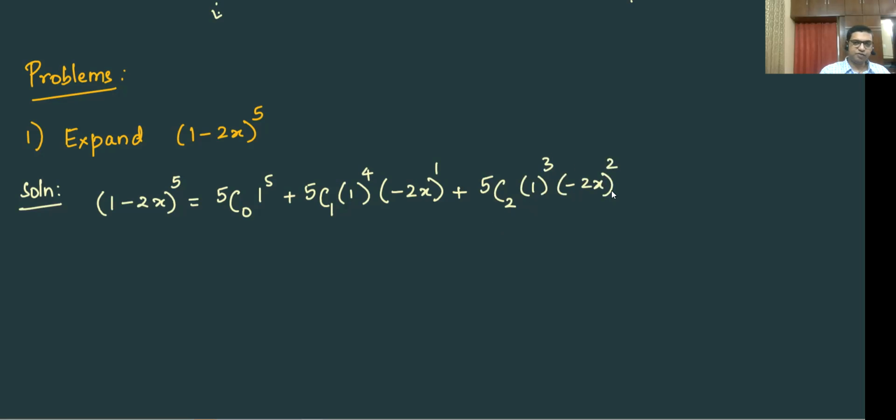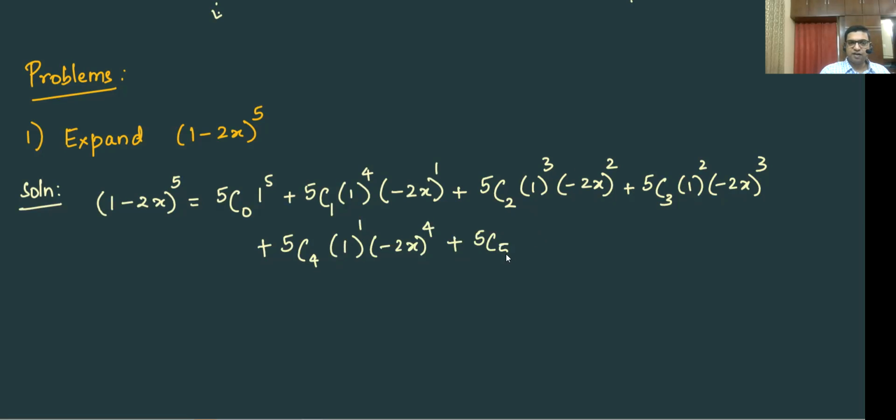The sum of the powers should equal the index 5. Plus 5C3 into 1 to the power 5 minus 3 is 2, (minus 2x) cubed. Then 5C4, 1 to the power 1, (minus 2x) to the power 4, plus 5C5, 1 to the power 0 and (minus 2x) to the power 5.